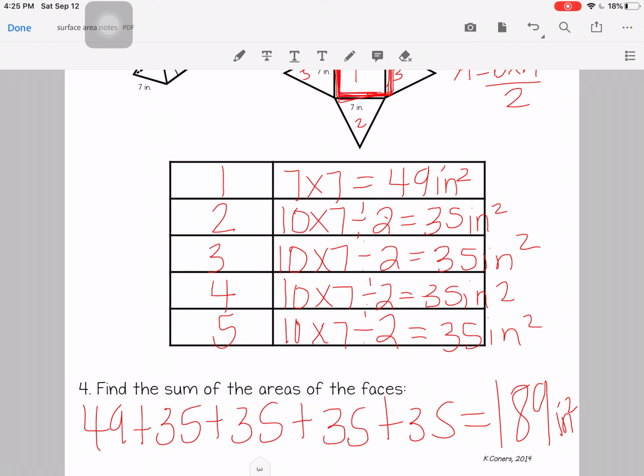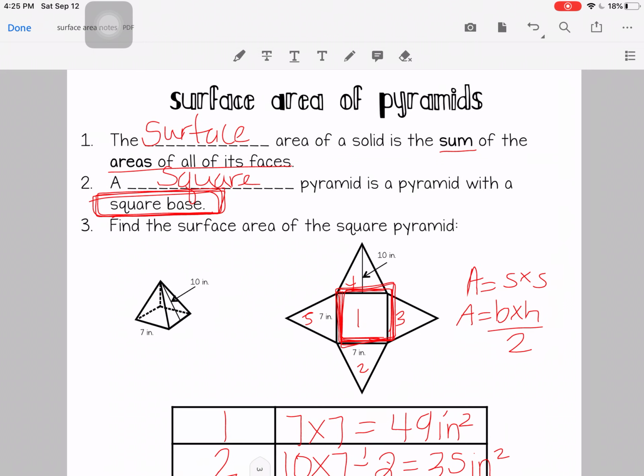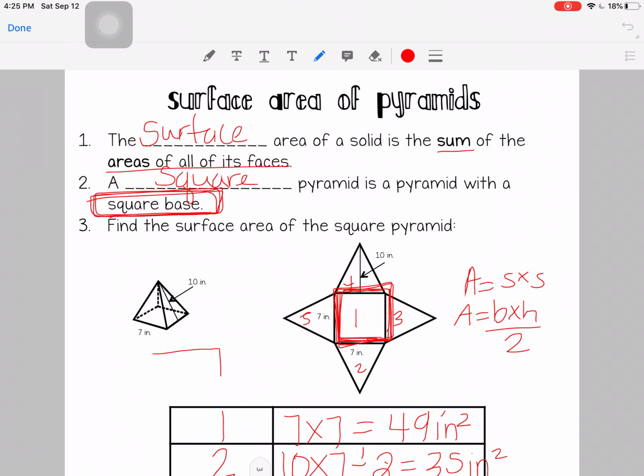All right? Let's recap. To find the surface area of a square pyramid or a rectangular pyramid would just mean that it has a rectangular base with 4 triangles around it. And I would do the same thing. I would find the area of the base first, and then I would find the area of the triangle.